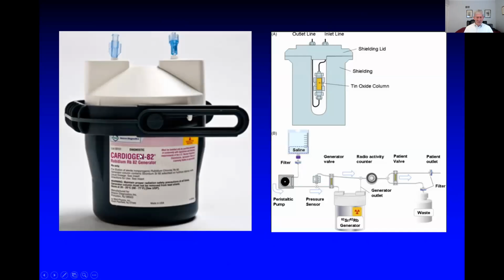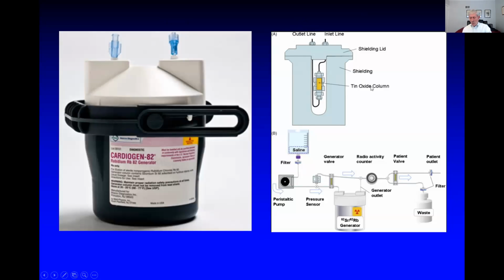This is a photograph of the generator here, CardioGen 2. And this is a schematic down on the bottom showing you all the different parts and the different controls that are involved here. You can see here the sketch of where the column is, where liquid is coming down this column on the right through the tin oxide, removing the rubidium, coming up here, and in a technetium generator, we would collect it, but here we don't collect it.